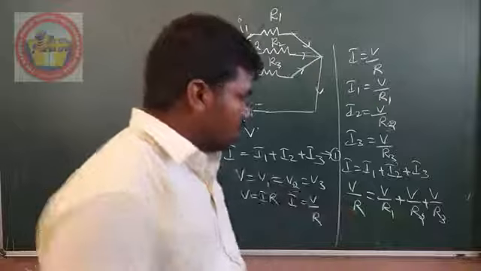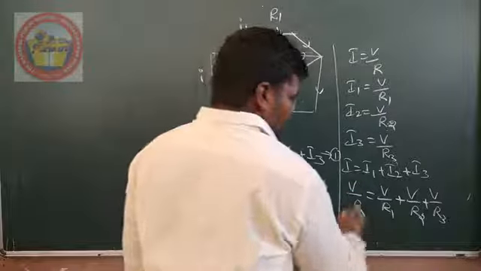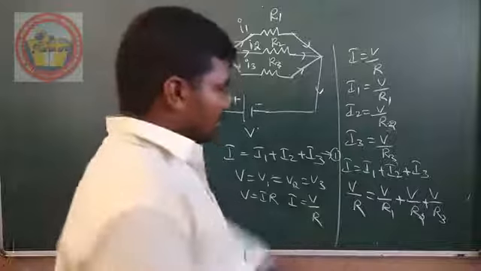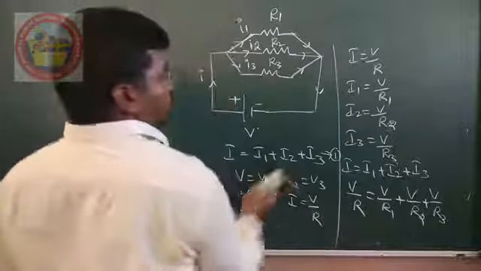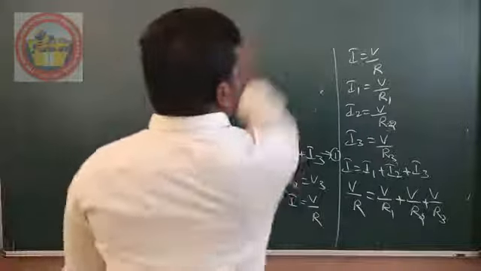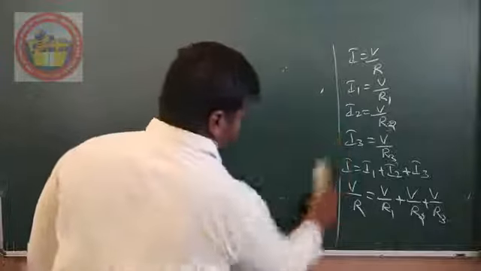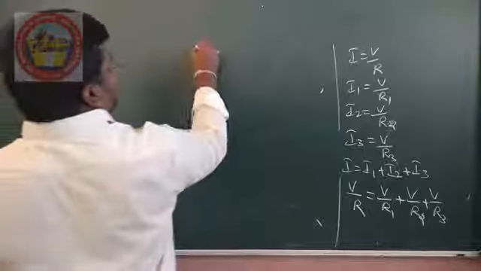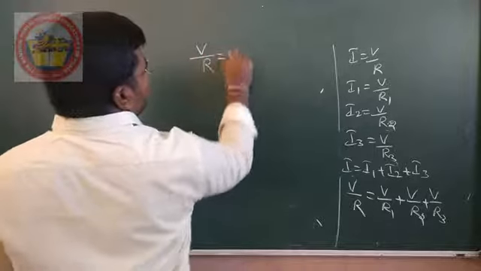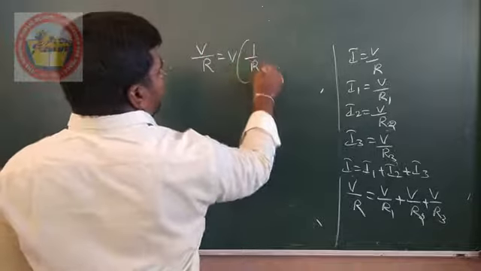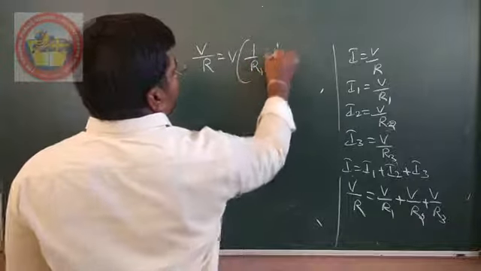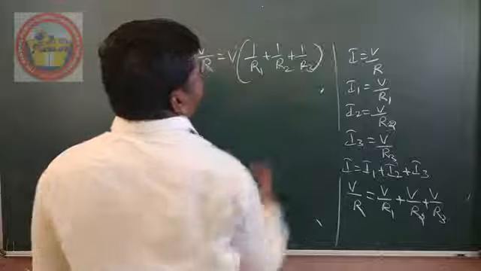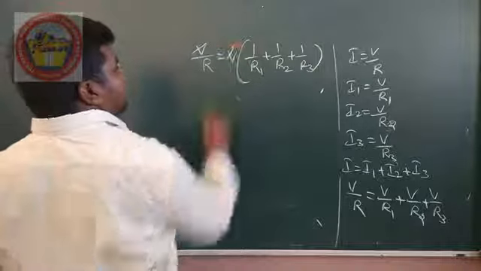See here, V is common in every part, so we can cancel V. So V by R is equal to V into 1 by R1 plus 1 by R2 plus 1 by R3. V gets cancelled.